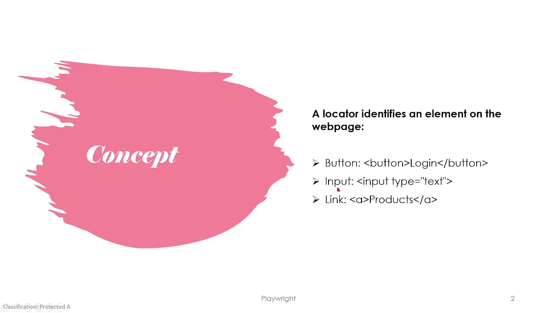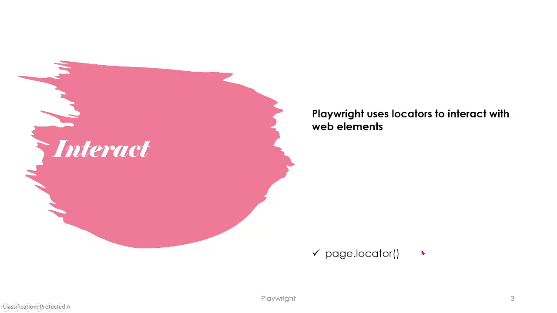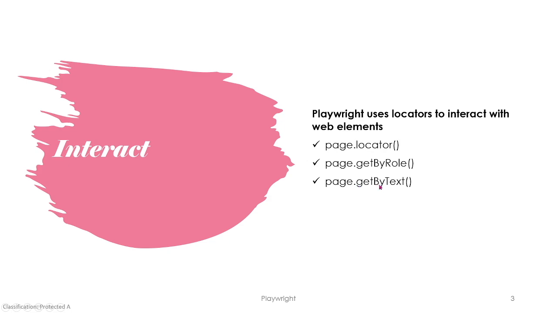Link, this is a link in the web page. Playwright uses locators to interact with the web elements. Use page locator, page get by role, page get by text, page get by label.